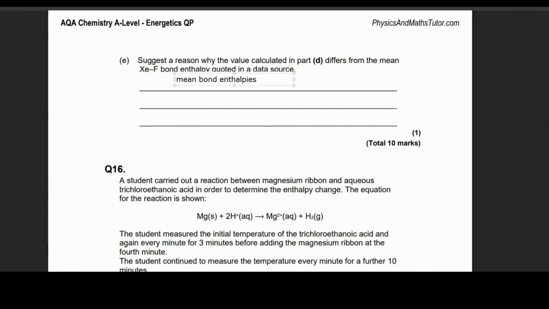So mean bond enthalpies are calculated from a range of compounds that contain the Xe-F bond. Honestly, I really don't know how many compounds actually contain that bond. I thought that was a pretty rare bond, but that's a standardized answer. I haven't looked that up myself.